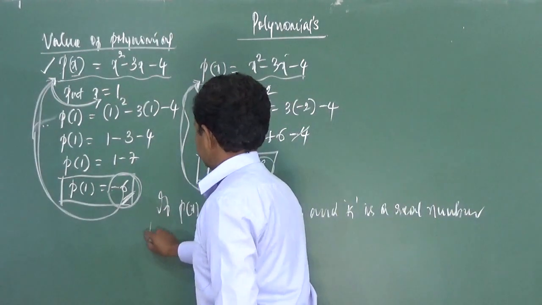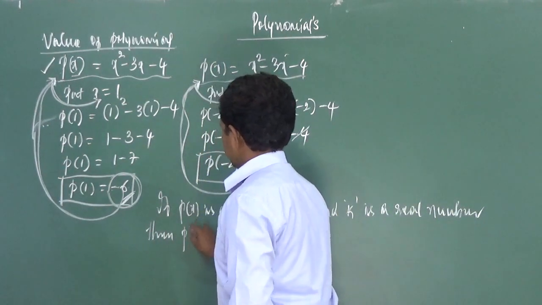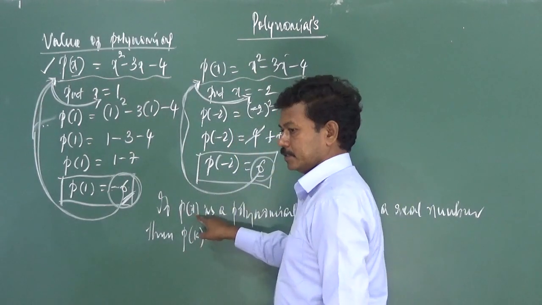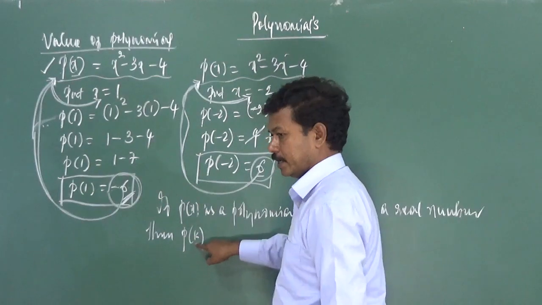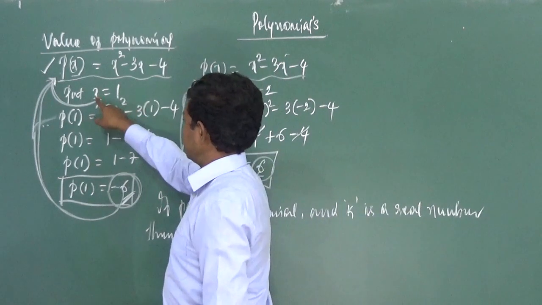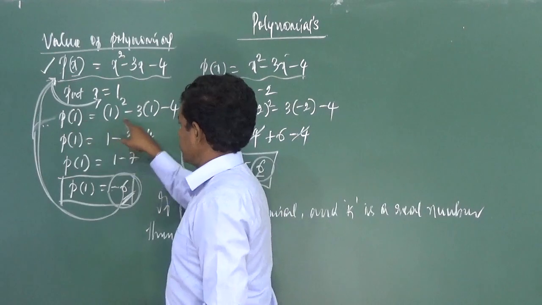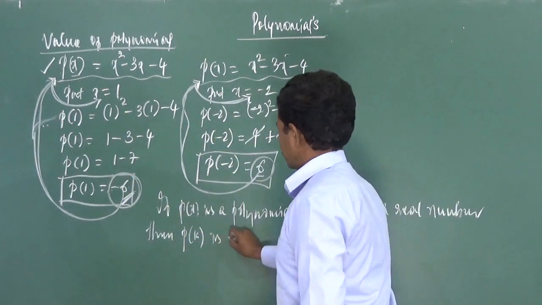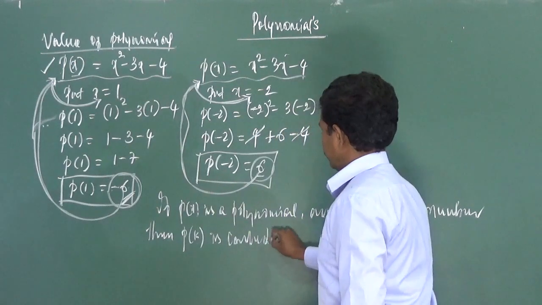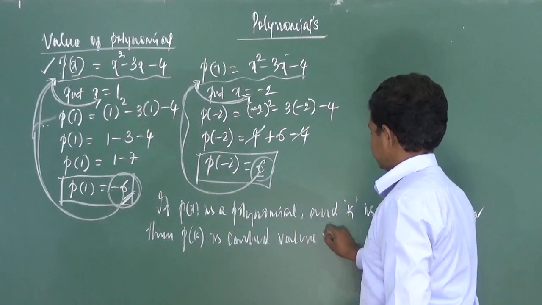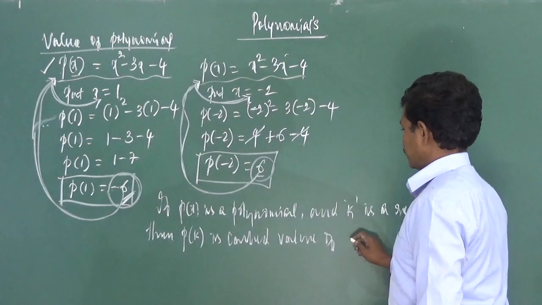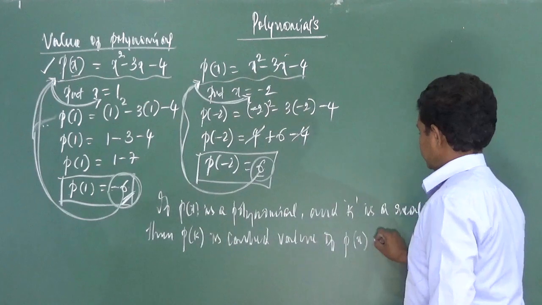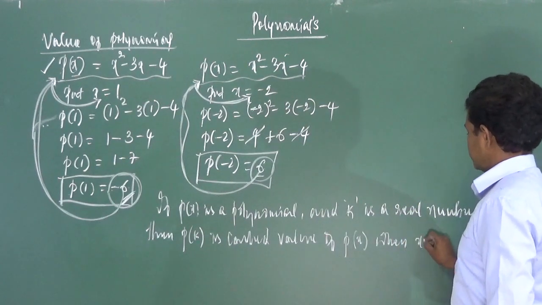So then p of k, that is, we substitute the value of k in p of x, that is, in place of x we put k, just as we substituted 1 and started simplifying that. Then p of k is called the value of p of x when x is equal to k.